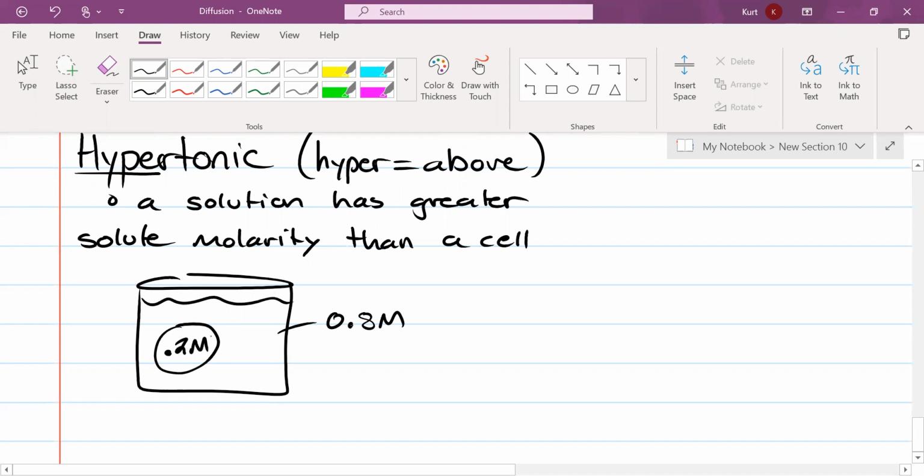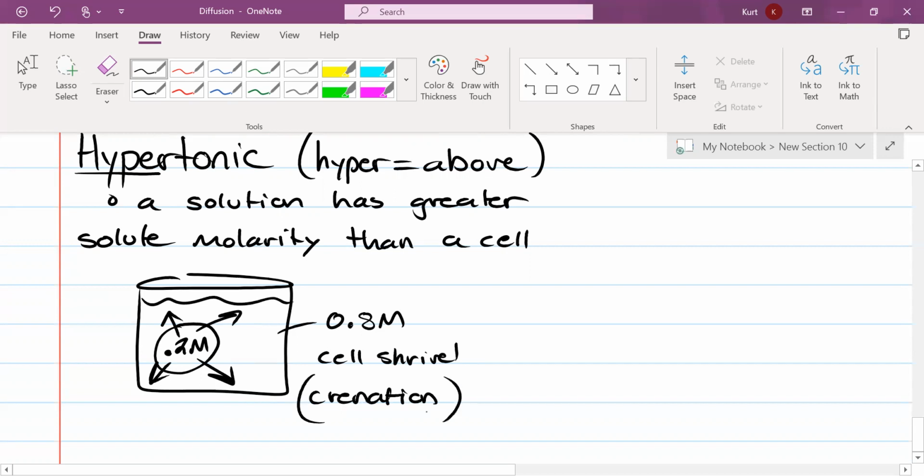So will water exit the cell or enter the cell? Or will there be no change? It'll exit. Because the molarity of the solution is greater than the cell, water is going to exit the cell. The cell will shrivel. This is called crenation.